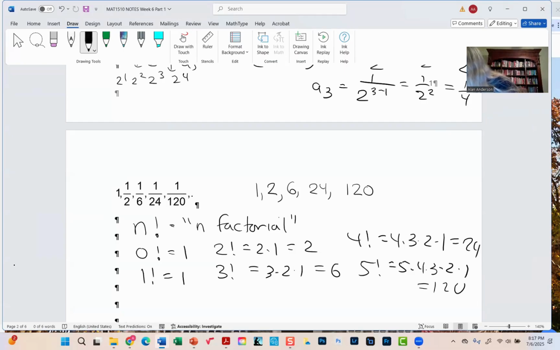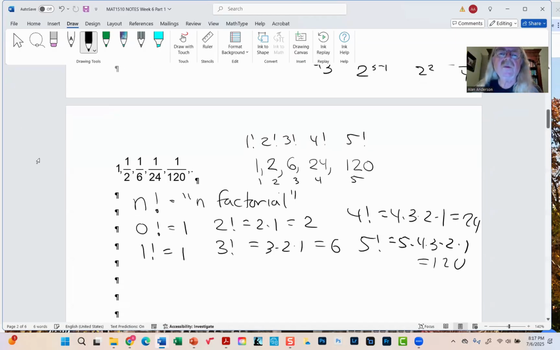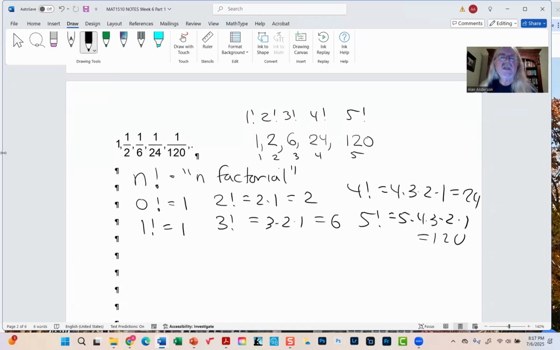So the indices are 1, 2, 3, 4, and 5. Up here we have 2 factorial, 1 factorial. Oh, sorry, this is in the denominator. So in other words, what's happening here is that you have, in each case, 1 over I factorial.